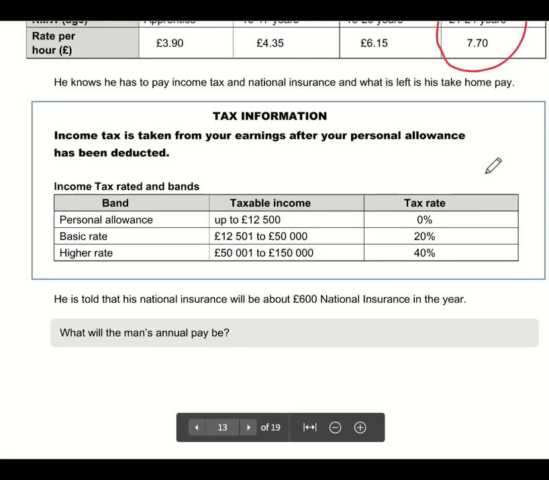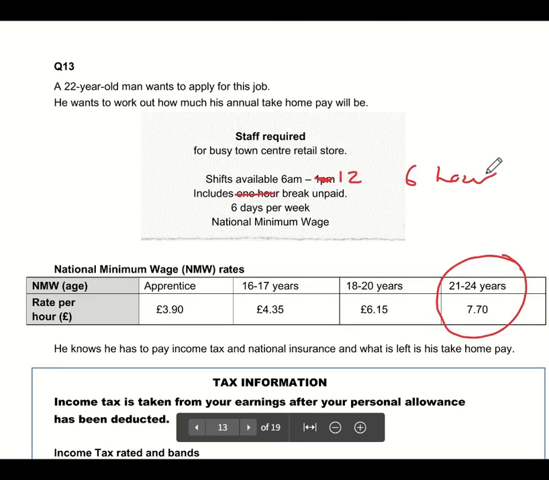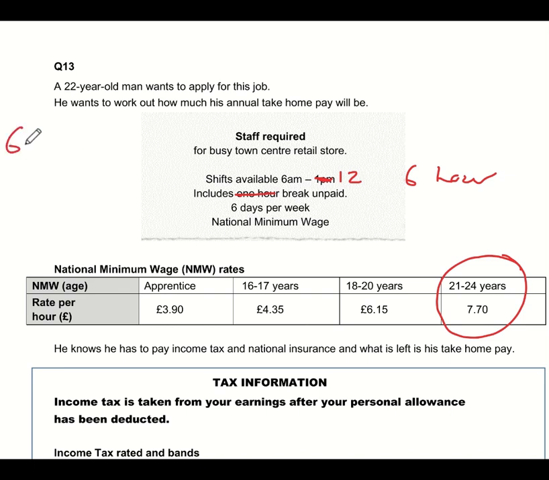He's going to do this 6 times a week, so 6 multiplied by 6, so that's going to be 36 hours per week. So that's 36 multiplied by £7.70, and I'm going to multiply that by 52 for his annual wage.